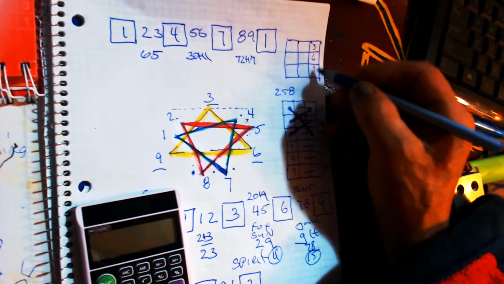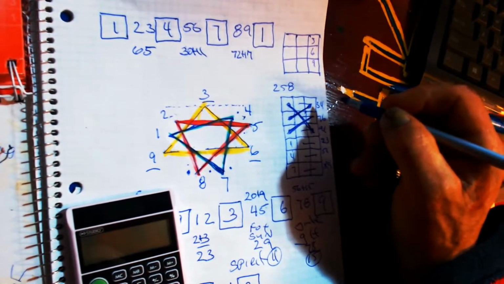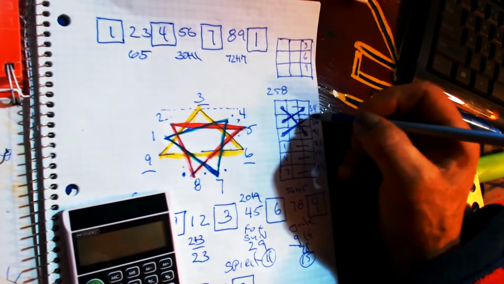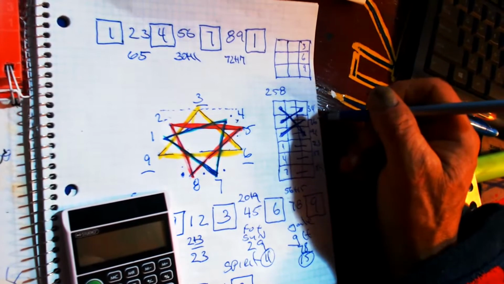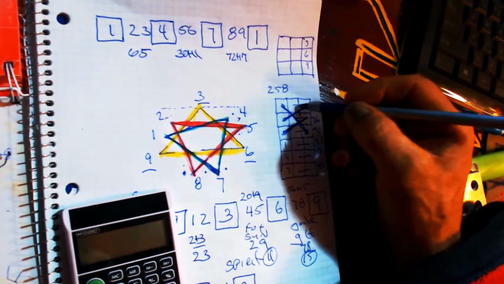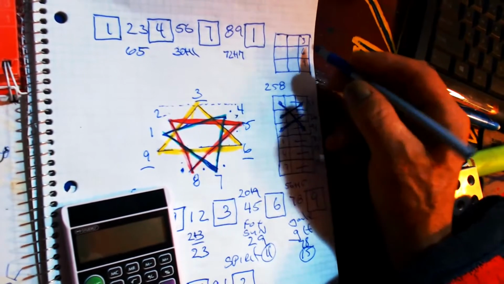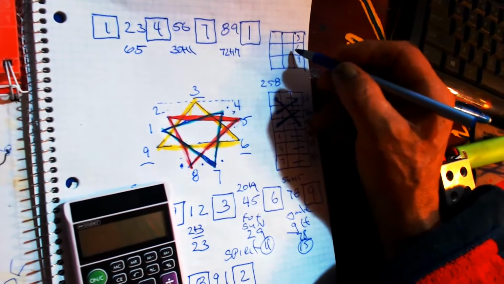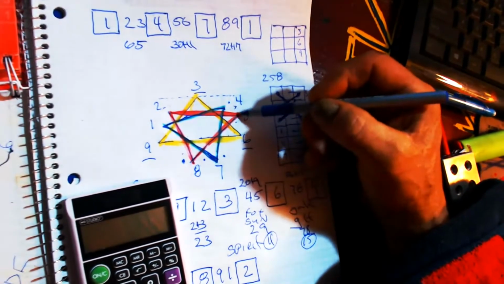And in between the numbers, yeah, I made a mistake on this one, I think. Oh, yes, right. This is 258. This is the 369. So for the 369, I have to go 4 and 5.